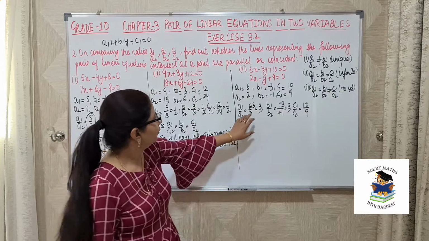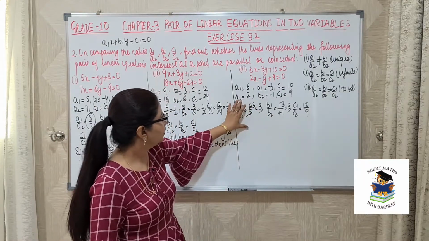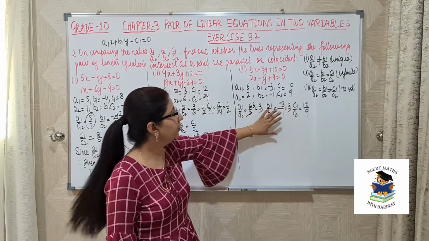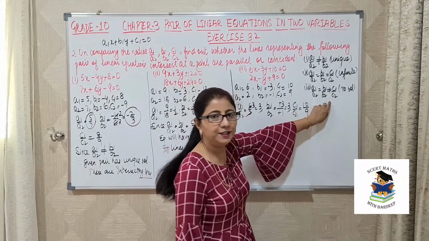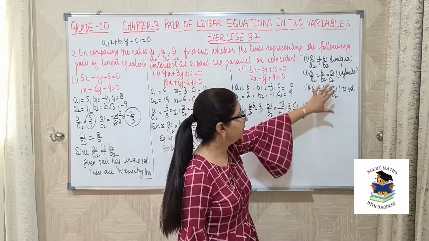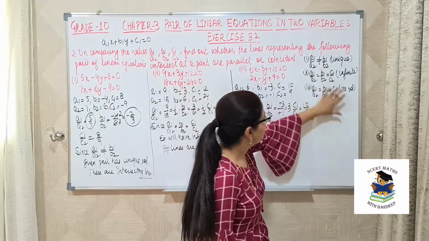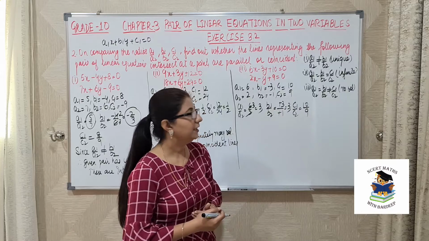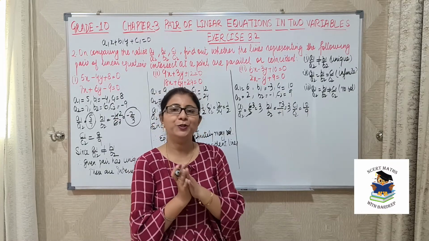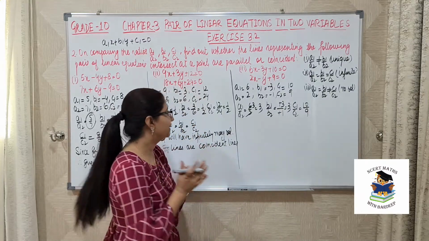So now the first two values are equal. This is 3. This is also 3. But c1 by c2 is not 3. So our third condition, that is a1 by a2 is equal to b1 by b2 but not equal to c1 by c2, holds. So these lines will have no solution. No solution means parallel lines.